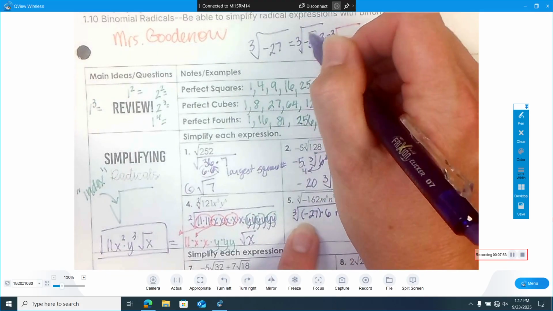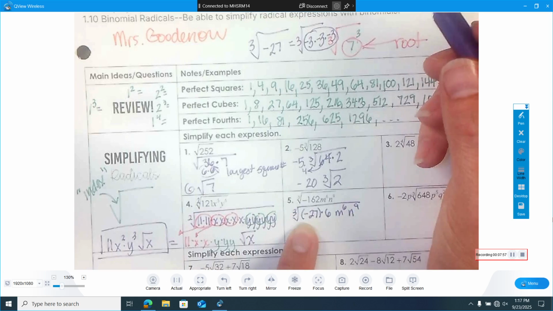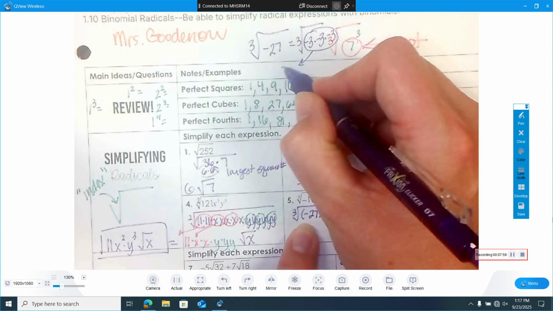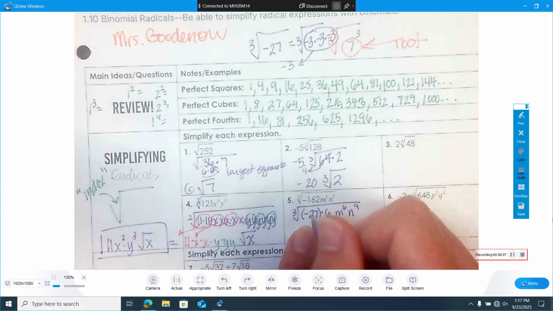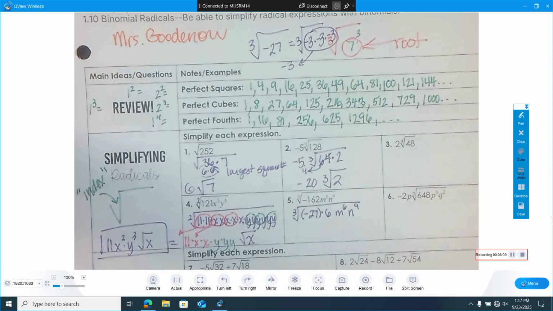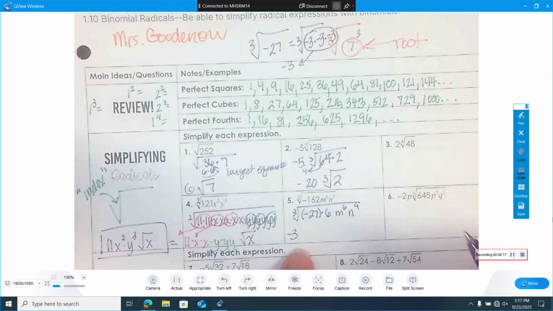That is a group of -3s. And so a -3 is going to escape. The cube root of -27 is -3. Odd roots can be positive or negative, so they are allowed.